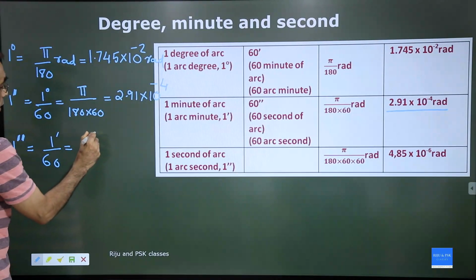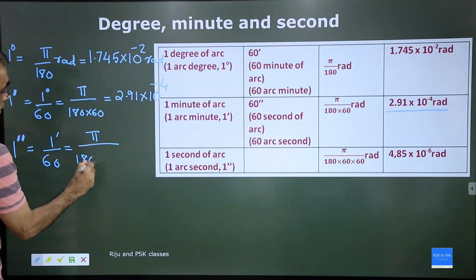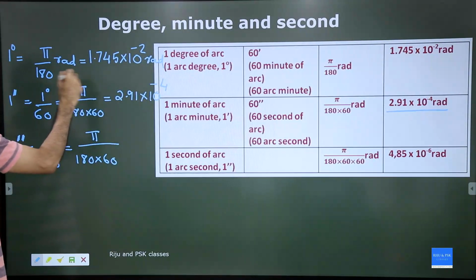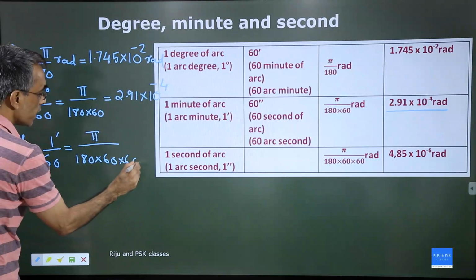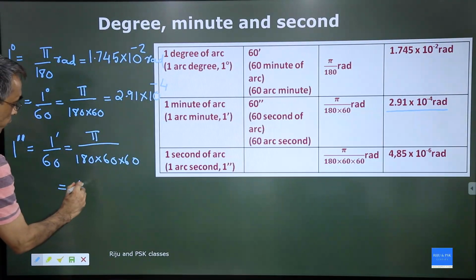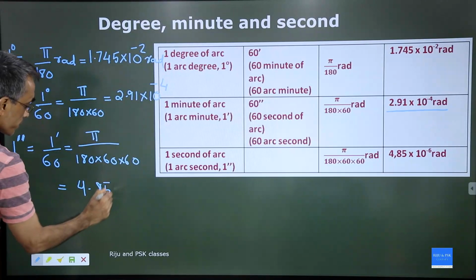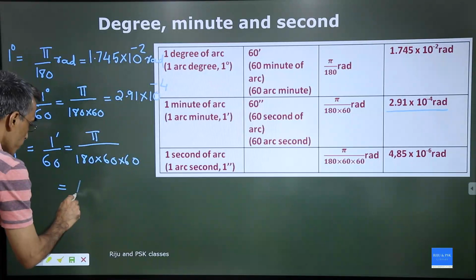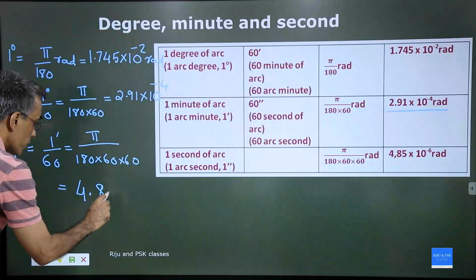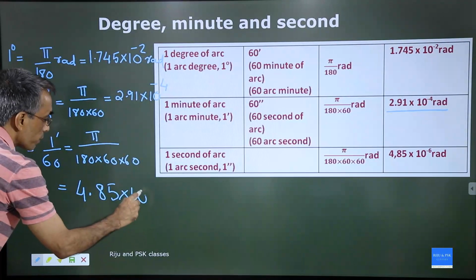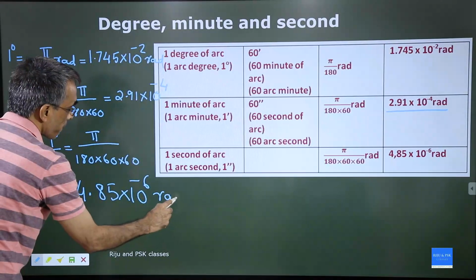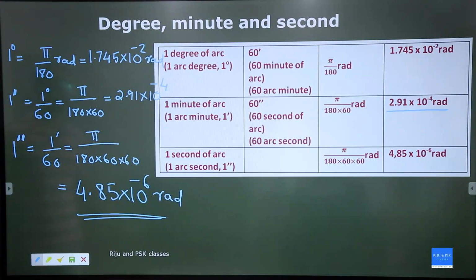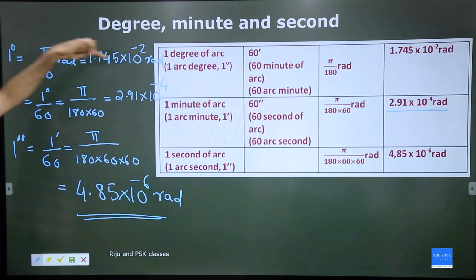So this is nothing but pi by 180 into 60, that is your minute, divided further by 60, and this will give you the last value, 4.85 into 10 to the power minus 6 radian. So I divided pi by 180 to get my radian for degree, then for minute, then for arc second.